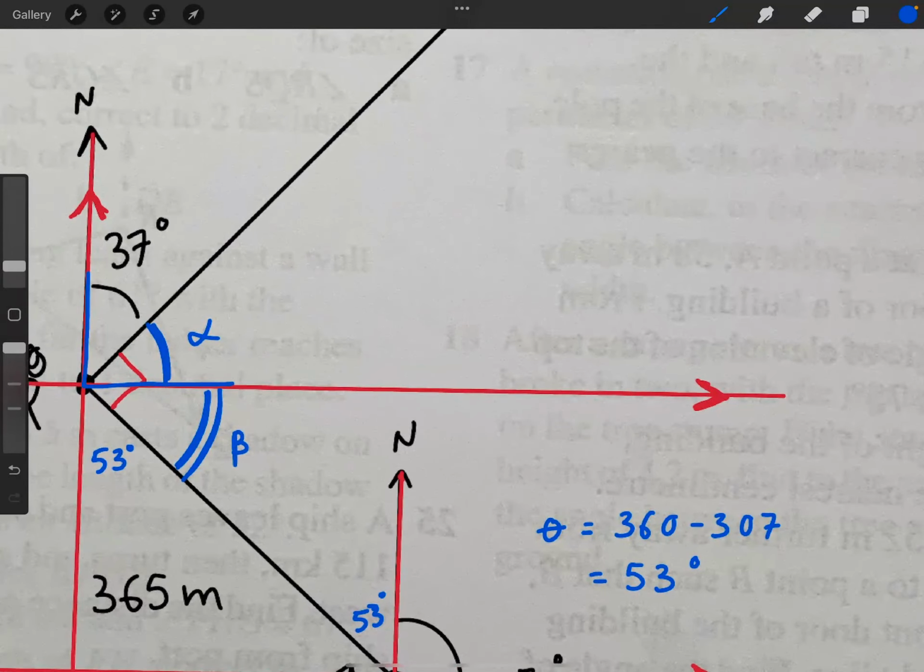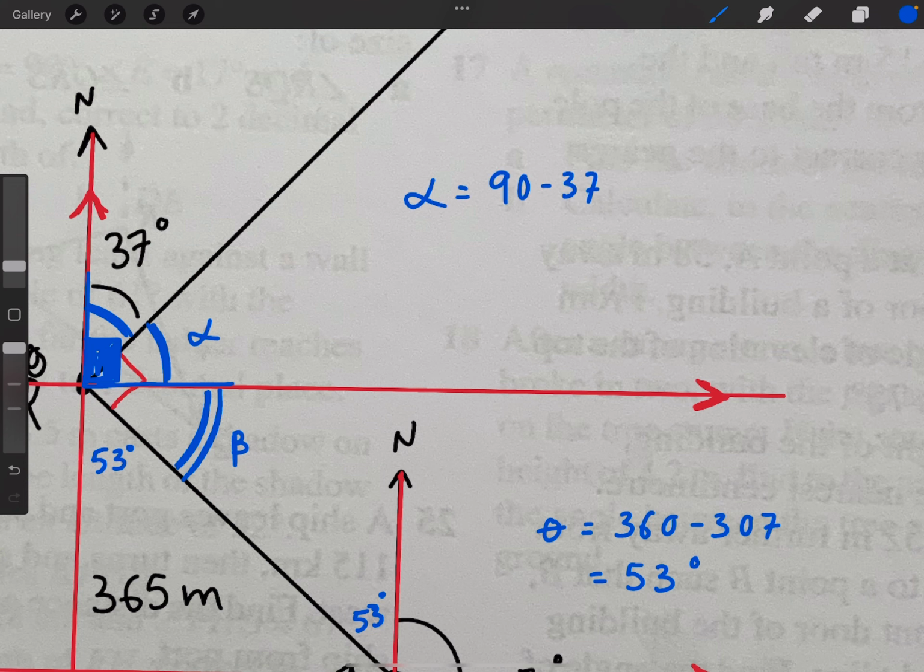So how do we find alpha? Well, we know this is 90 degrees between here and here, and this one is 37. So alpha is equal to 90 minus 37, and that'll give you 53 degrees. Alright, so alpha equals 53 degrees.